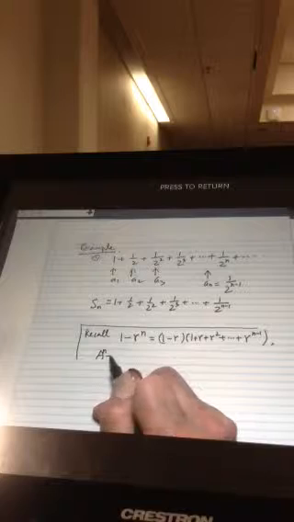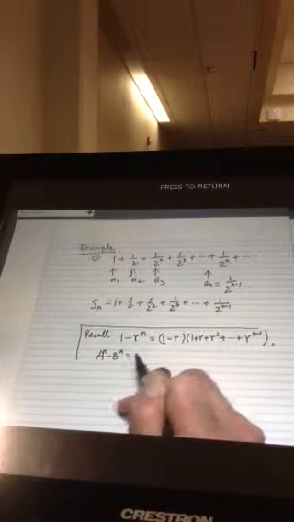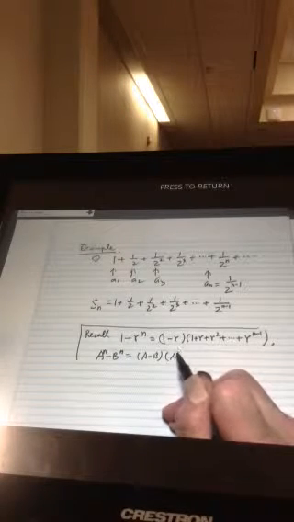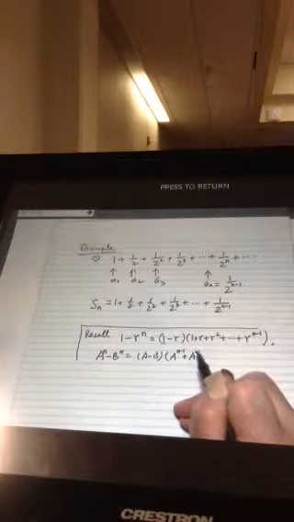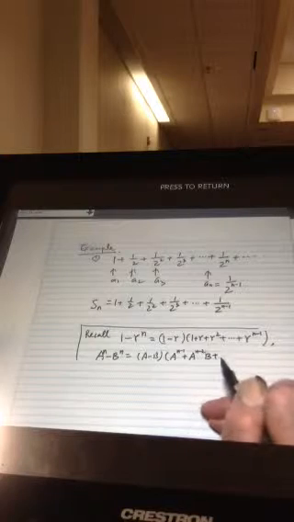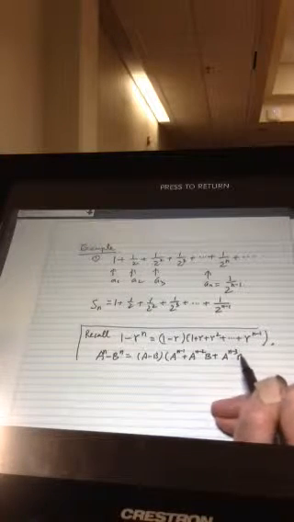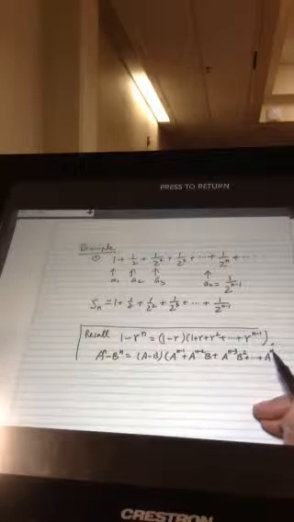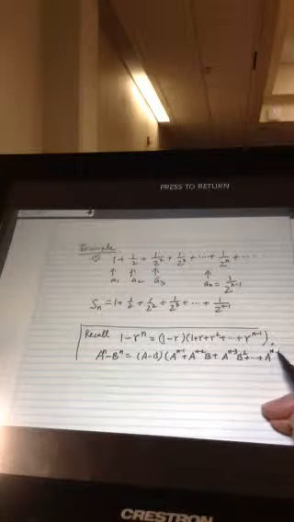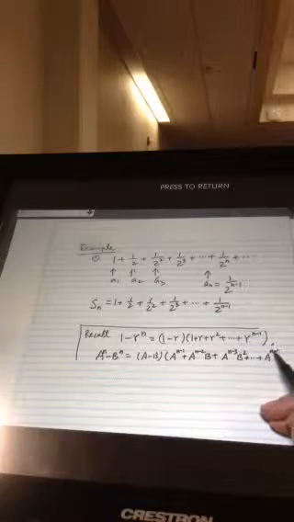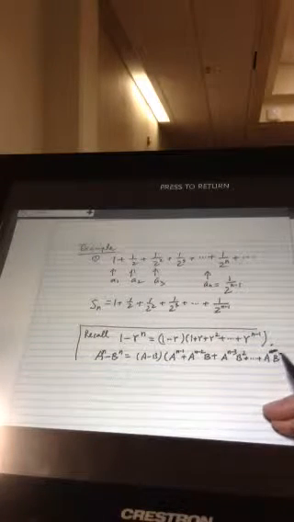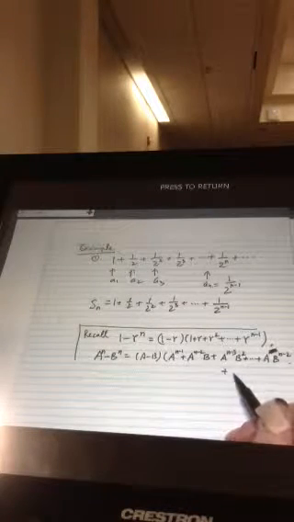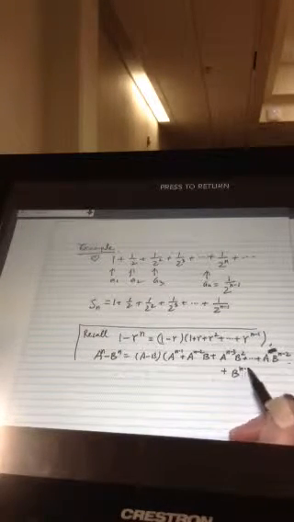a to the n minus b to the n is a minus b times a to the n minus 1 plus a to the n minus 2 times b plus a to the n minus 3 times b squared, and so on, and then a times b to the n minus 2, and I will finish with plus b to the n minus 1.